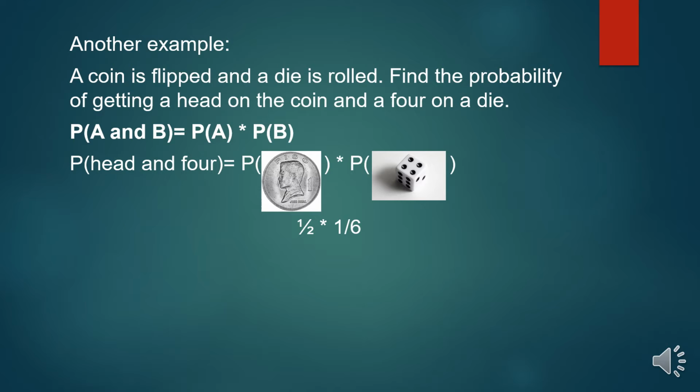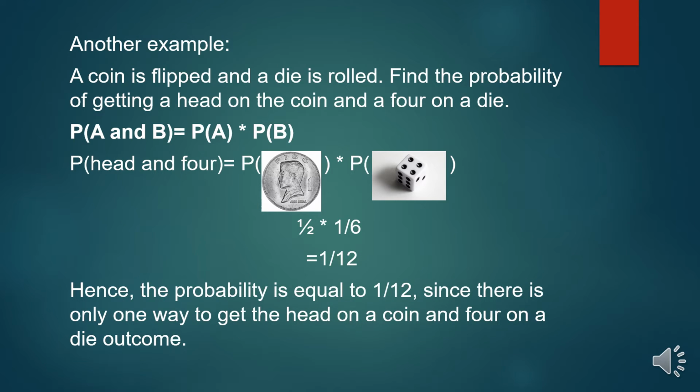So the probability of getting both head and 4 is 1 out of 12. Hence, the probability is 1 out of 12 since there is only one way to get the head on a coin and a 4 on a die.